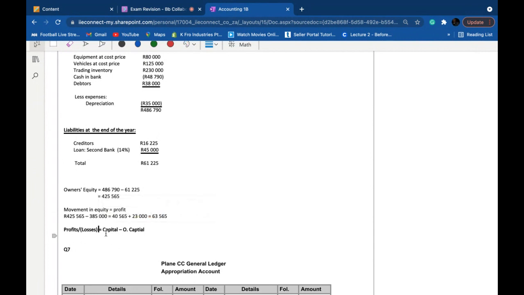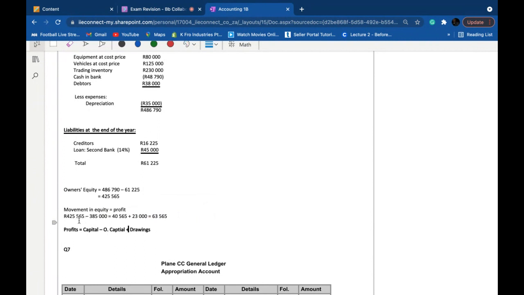So we're going to leave our profit there, or loss, but in this case you're going to see we obviously made a profit. Since we flipped it over to the other side, it's now going to be a plus drawings. Then that's going to give us our profit for the year, and that's what you can see is happening here.